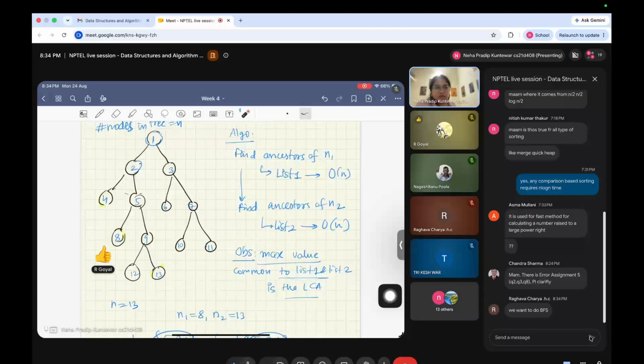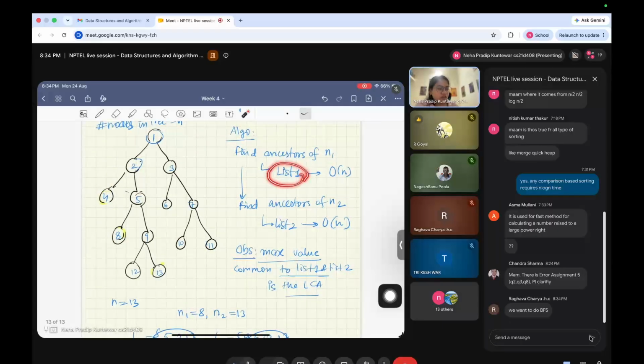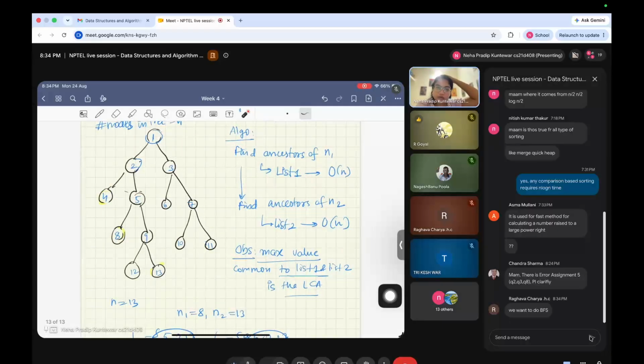Yeah, you will do something like BFS or DFS to find list 1, list 2. This is your order n time algorithm. Order n in time and order n in space.